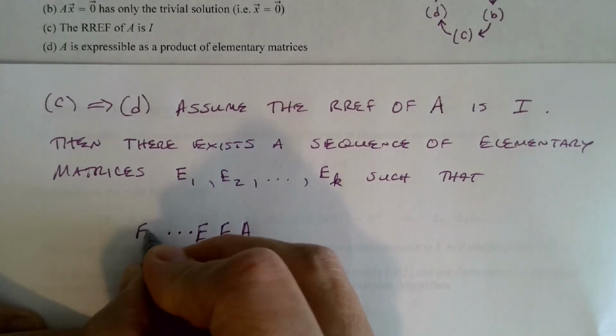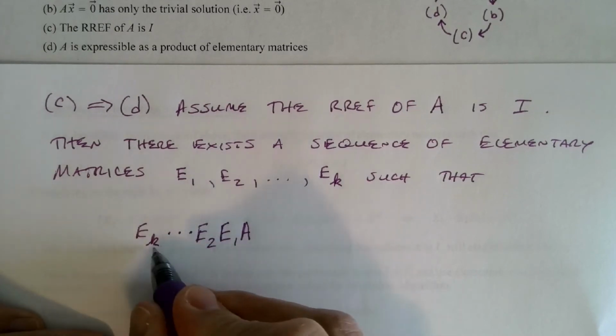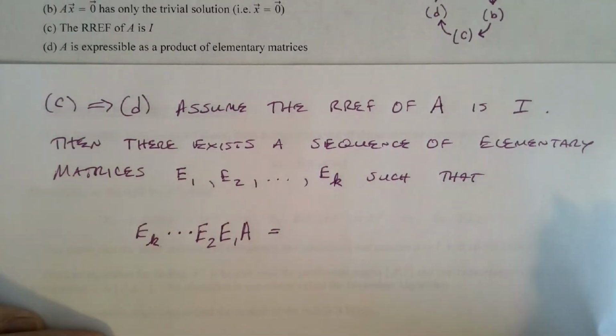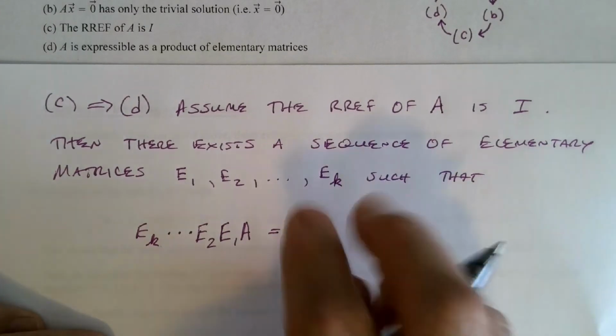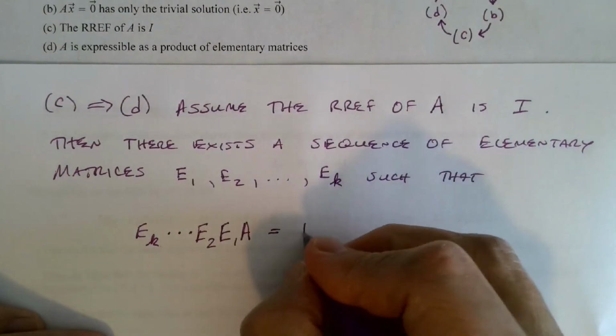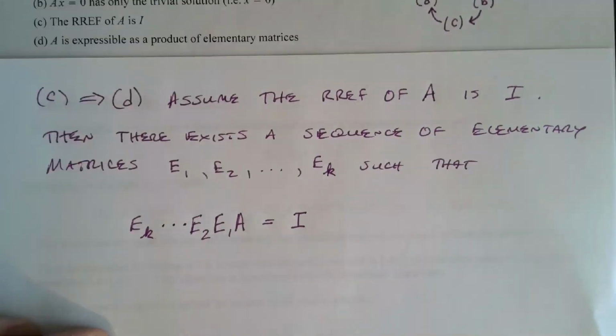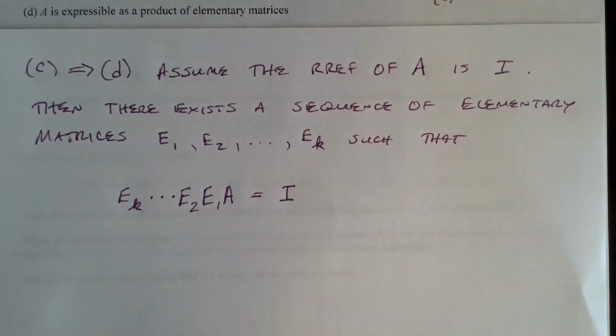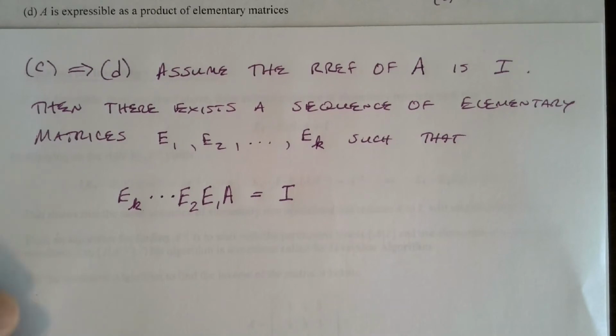That will be a finite number of steps. We'll finally get to this E sub k, and the result will be the reduced row echelon form. But we're assuming that is the identity matrix. So we can take a sequence of elementary matrices, multiply them, and get the identity.